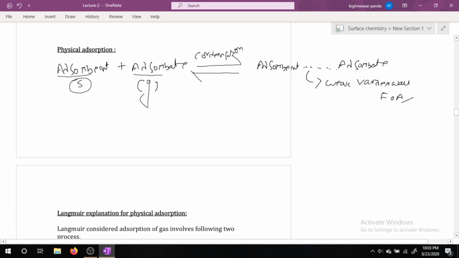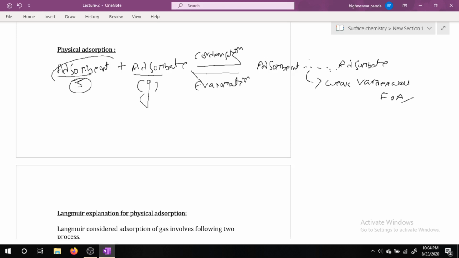Or if there is a break of bond between adsorbent and adsorbate, they will ultimately form adsorbent and adsorbate separately, then this is called evaporation. And since physical adsorption is an equilibrium reaction, the rate of condensation is equal to the rate of evaporation.